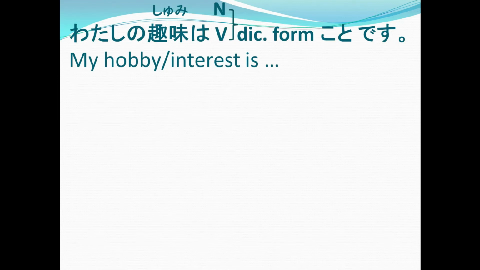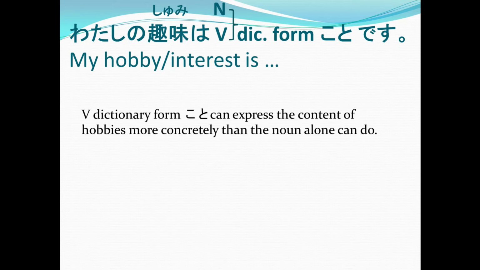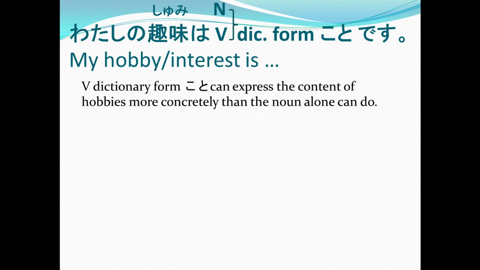If you want to express your hobby or interest, we use the sentence pattern 私の趣味は noun or verb, whichever is your hobby or interest, verb in dictionary form ことです. 趣味 being hobby or interest in English. So the verb dictionary form plus こと can express the content of hobbies more concretely than the noun alone can do.